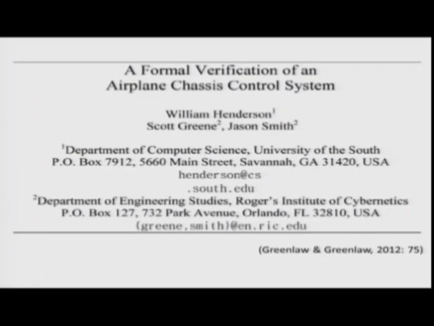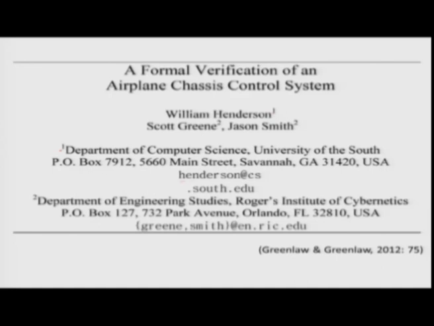Then you see superscript. So, what does it mean? It gives details about the institute affiliations. So, 1 here corresponds to this. So, this person William Henderson is from Department of Computer Science, University of the South, and the details.